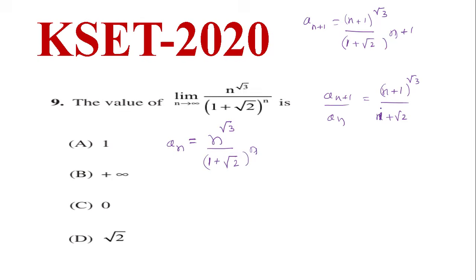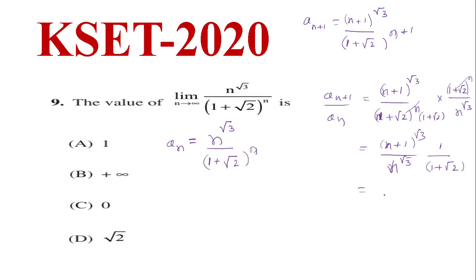Next, a_{n+1}/a_n = (n+1)^(√3) divided by (1+√2)^(n+1), into (1+√2)^n divided by n^(√3). This gets cancelled, leaving ((n+1)/n)^(√3) times 1/(1+√2).